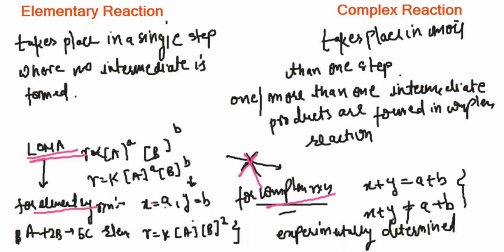Okay, now comes the order of the reaction. What is the order of the reaction? We have seen order n equals x plus y, the summation of the powers of the concentration of the reactants in the rate law expression.